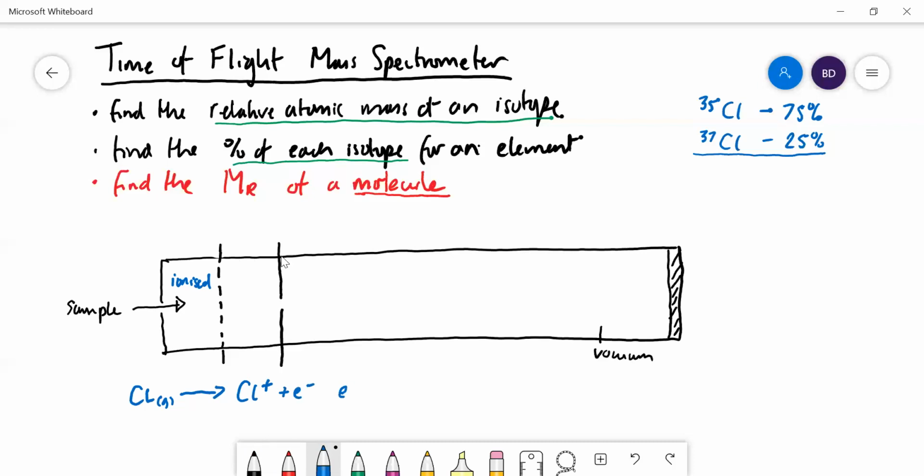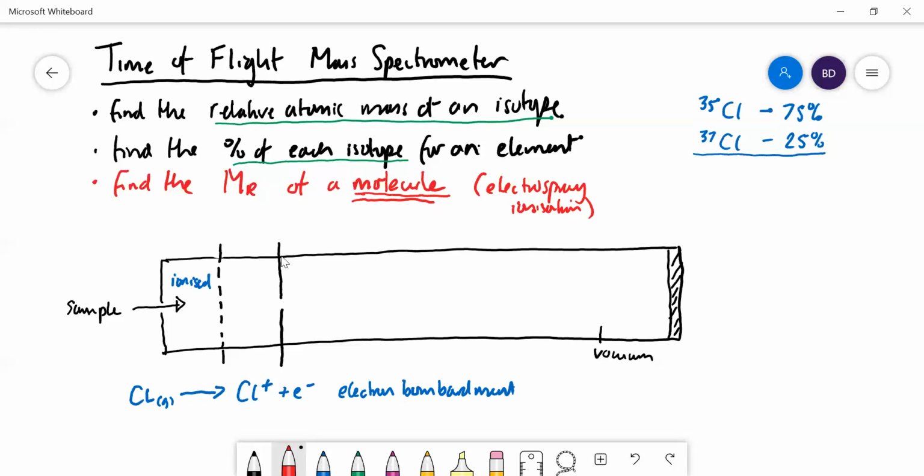That's done by electron bombardment, generally speaking. If you're using molecules rather than atoms, it's usually done by a different method called electrospray ionization, which we can talk about later. But don't worry about that for the time being.